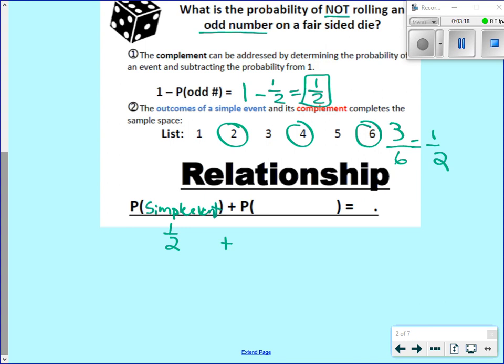The probability of the complement, the simple event here, and its complement. And we saw that the complement was 1 half. And 1 half plus 1 half equals 1. So the sum of the simple event and your complement is always going to equal 1.